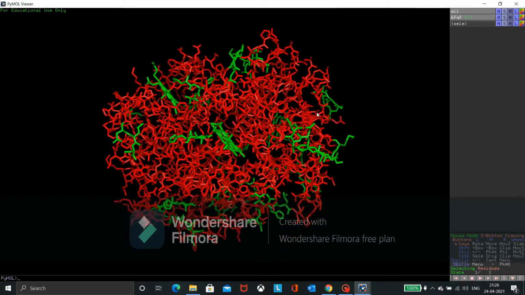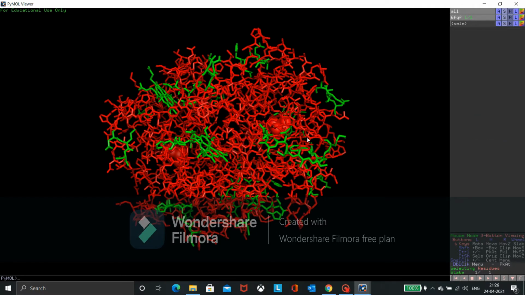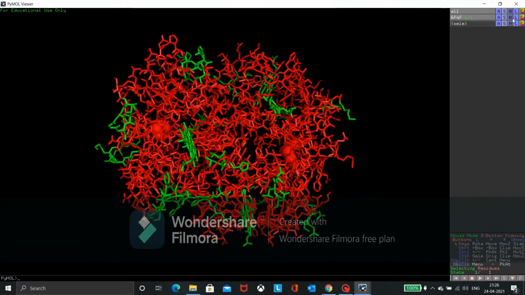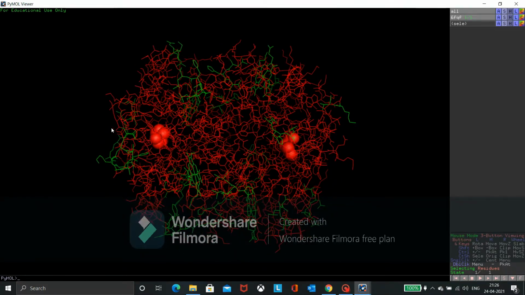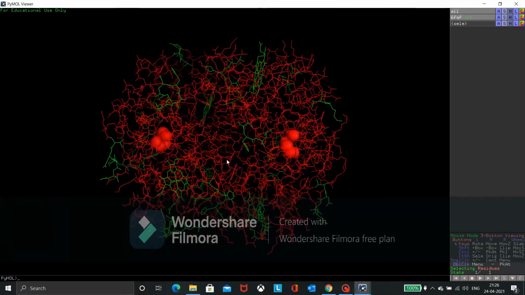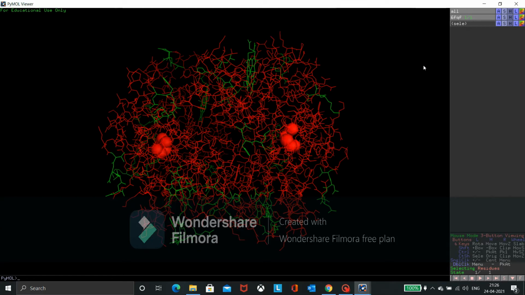So I think in here we can see the disulfide bonds in spheres. So you can see it's not visible actually. The two disulfide bonds are now visible. These are the two disulfide bonds, and this is how it looks.